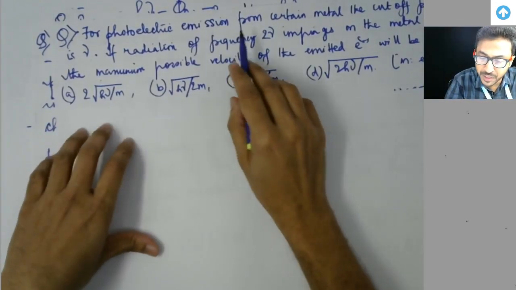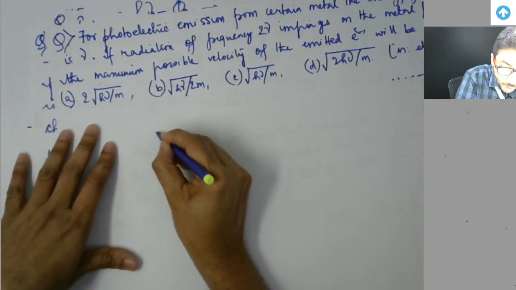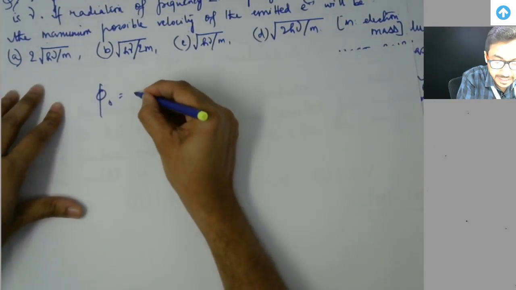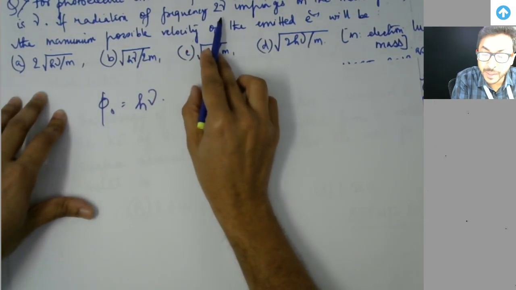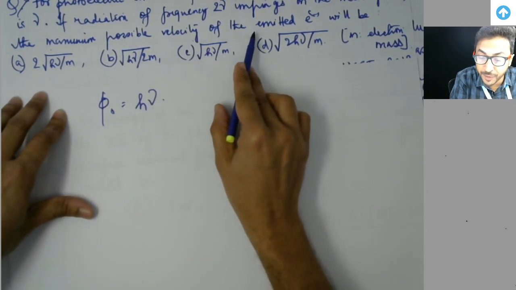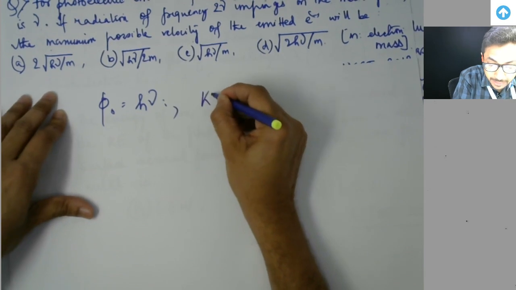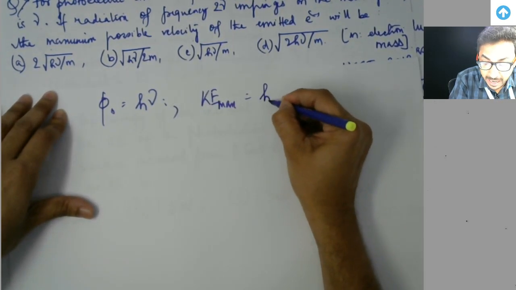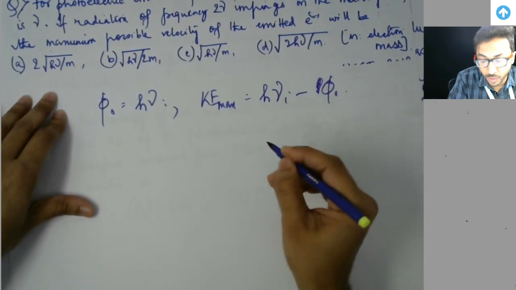For photoelectric emission from a certain metal, the cutoff frequency is nu. So the work function is definitely h nu. If radiation of frequency 2 nu impinges on the metal plate, the maximum possible velocity of the emitted electron will be. Now we know the maximum kinetic energy is the energy of incidence minus the work function.